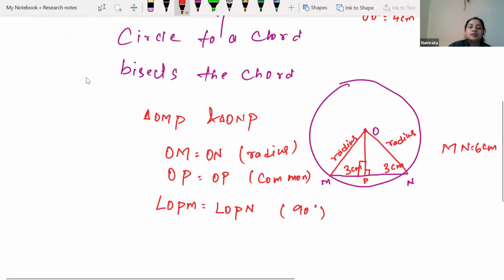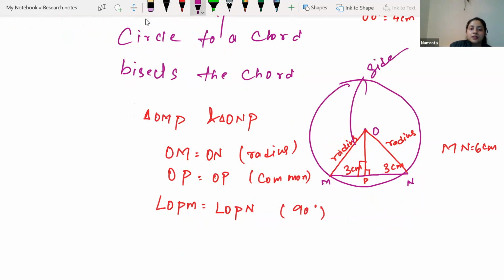We can see here which congruency criteria is getting fulfilled. Let me check. This side we have used, this side we have used, and this angle we have used. I believe here RHS is getting fulfilled: right angle, hypotenuse, and one of the sides. Can you see that?